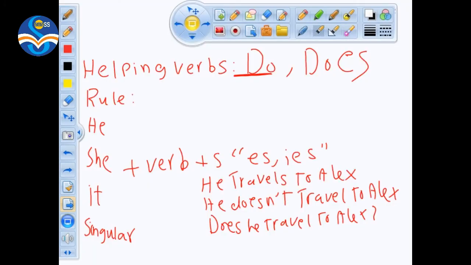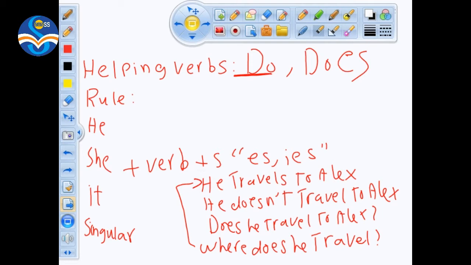So as we've been saying, does he travel to Alex? And the answer will be yes he does or no he doesn't. What about the last form, which is where does he travel? And the answer is going to be he travels to Alex.